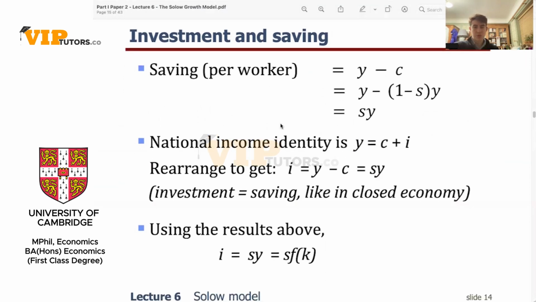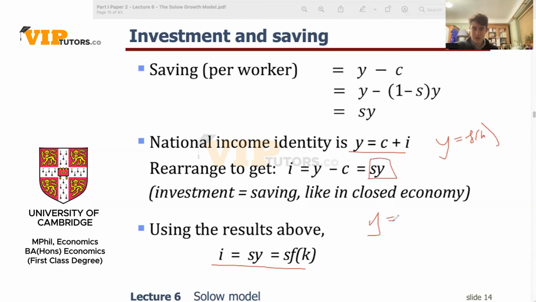And we also recall that we said that y is equal to f(k), right? We know that y equals c plus i. So we know that i equals y minus c, which is equal to sy.